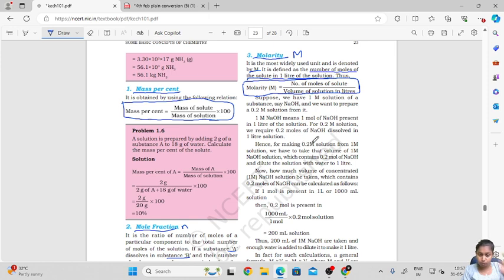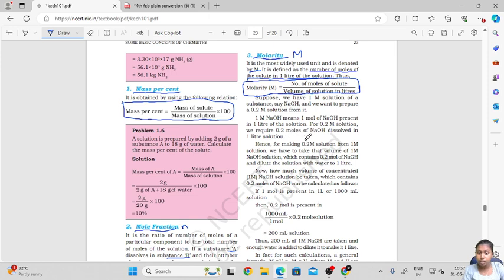Hence, for making a 0.2 molar solution from 1 molar solution, we have to take that volume of 1 molar NaOH which contains 0.2 moles of NaOH and dilute the solution with water to 1 liter.